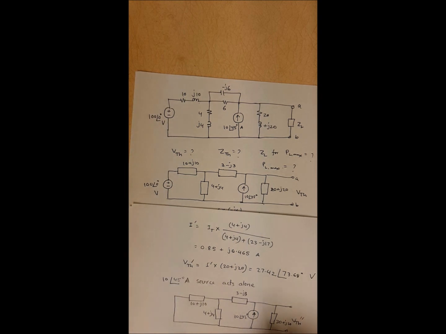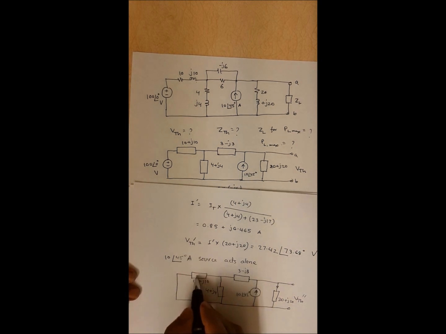Now, if I want to find the Thevenin voltage, the voltage here will be the current here times the impedance. So we reduce the circuit. Here we have two impedances in parallel, so you can find 10 plus J10 parallel with 4 plus J4.